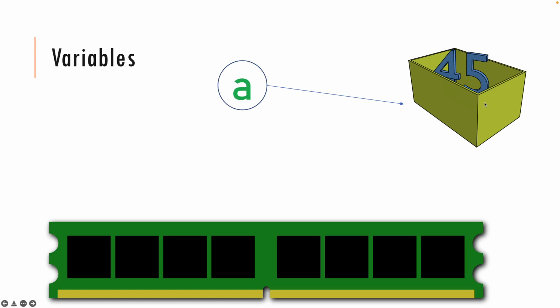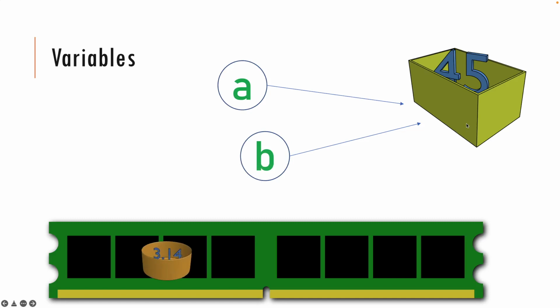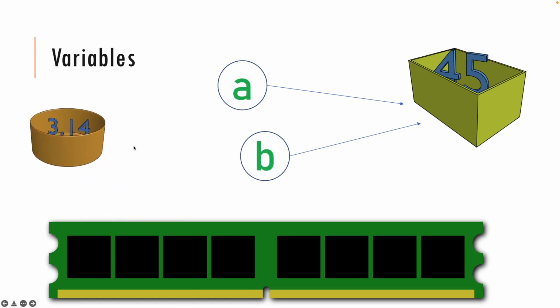Let's say you can see here a box. This value is stored inside RAM, but this variable is like a label referring to this value. Suppose we have another variable which is also referring to this value. But let's say you have another value stored in RAM, and you can assign that value directly on the fly to the variable b.